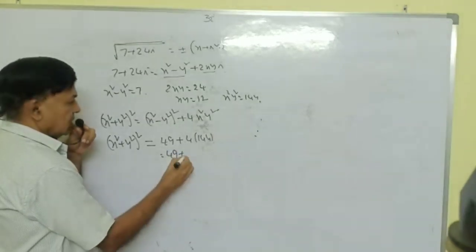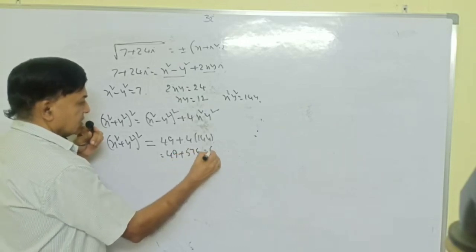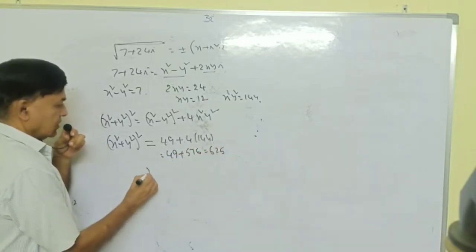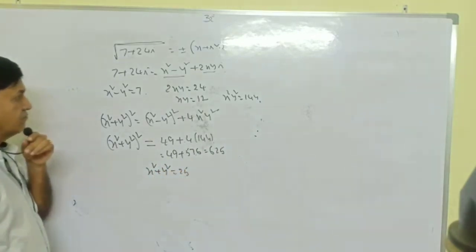So 49 plus 576, which is 625. So x square plus y square is equal to 25.